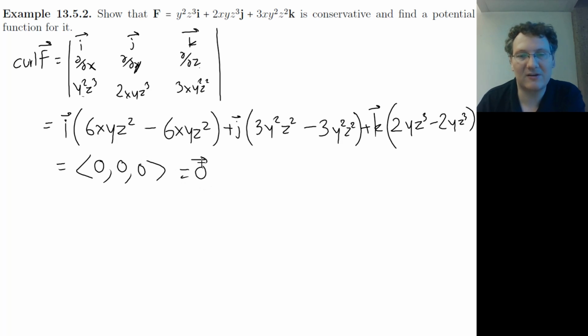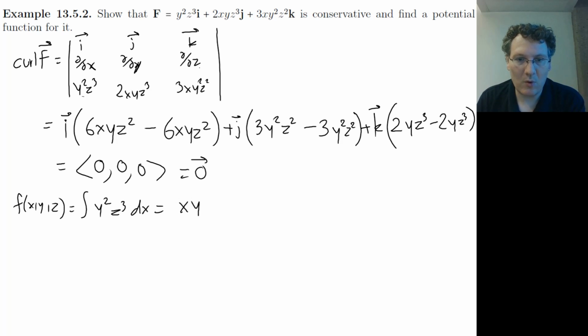This is the zero vector. So therefore, F is conservative. Let's try to find a potential function. A potential function is going to be one such that f of x, y, z needs to be the integral of y squared z to the third dx. Well, this is going to be xy squared z to the third plus some function, I'll call it g of y and z.